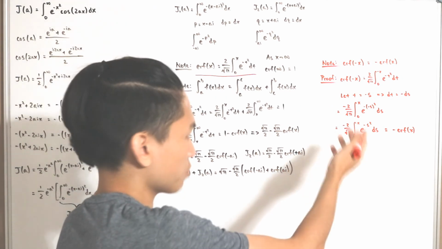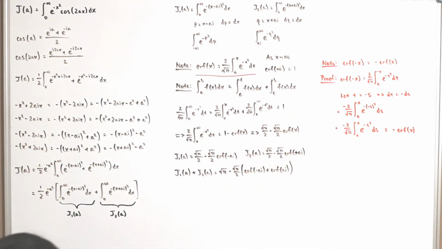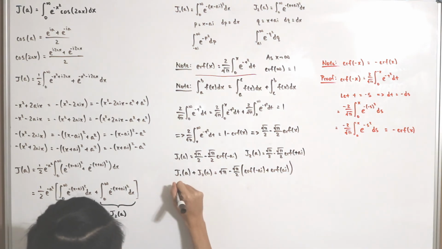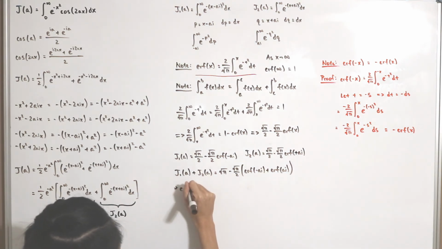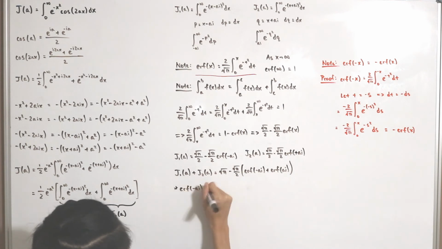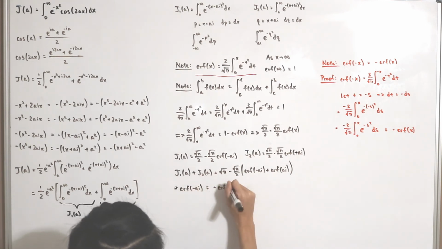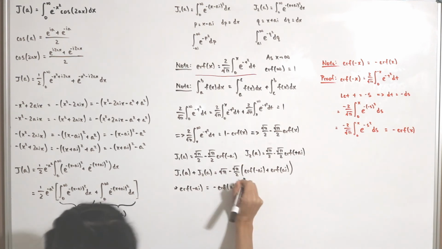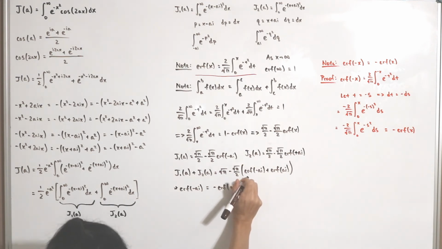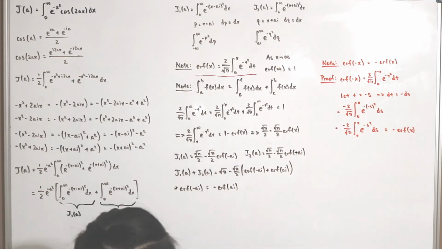So with this property, we can state, let me write a star here, that the error function of negative ai is equal to the negative error function of ai. Okay, so with that, let me put this in red as well.